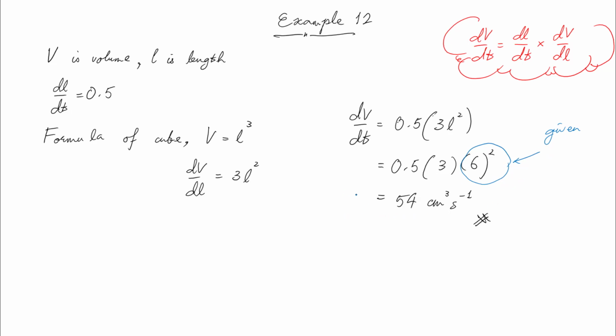As you can see, this is the final answer, hence the last part is this one, that is when you substitute this value. Otherwise, just leave the value given in the question somewhere in your answer script, but don't use it until the end of your answer. So that completes our first example, which is example number 12.